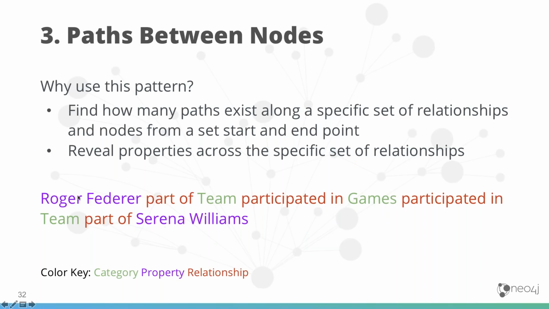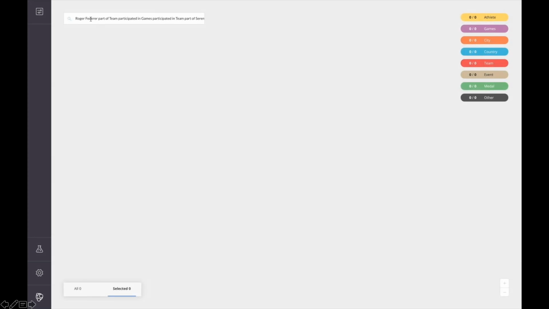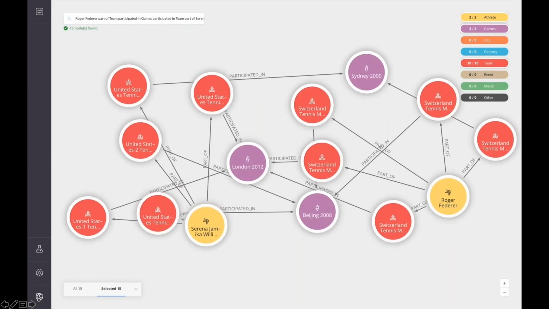So if we try to play that out, and here, go ahead and copy that in, you can see that Bloom is already, based on that string, figuring out what that path is. It shows it to you. And then when you say, yes, that's the one I want, it basically brings back the results. So here you can see that London 2012 was not the only Olympic game.